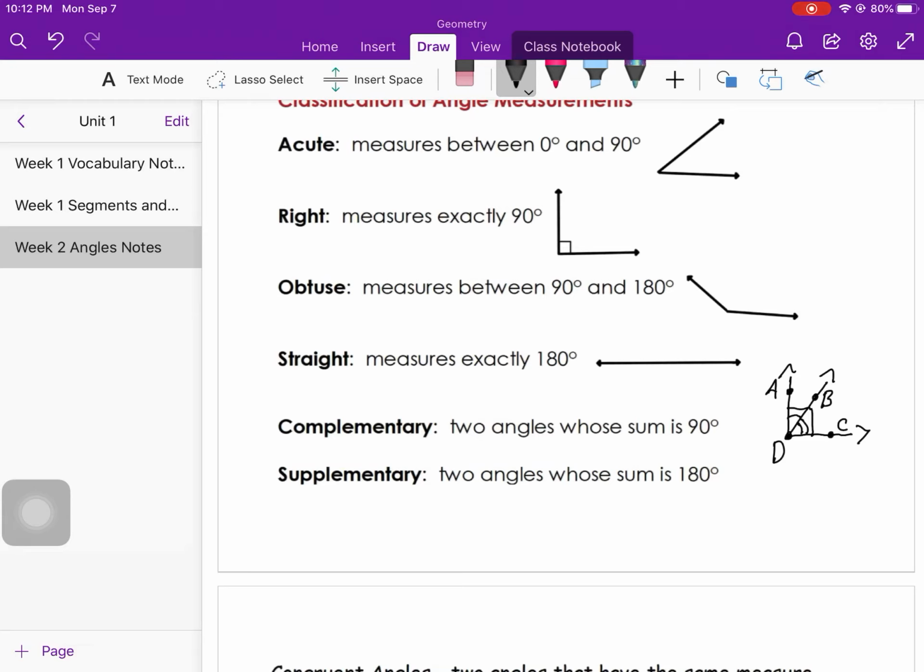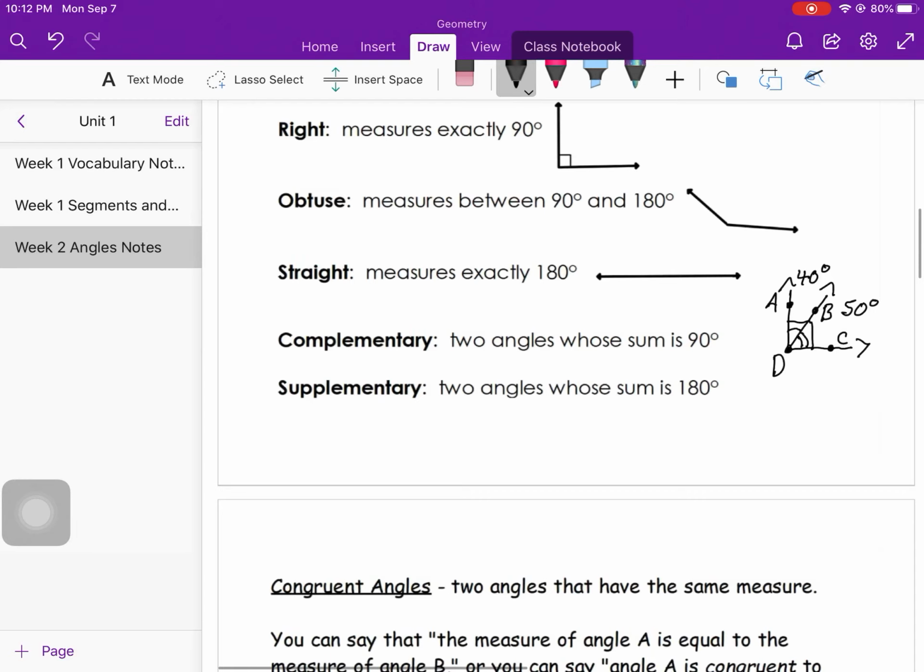So we say those angles are complementary because together their angle sums add up to 90. So maybe this one is 50 and this one is 40 degrees, whatever adds up to 90 between the two.